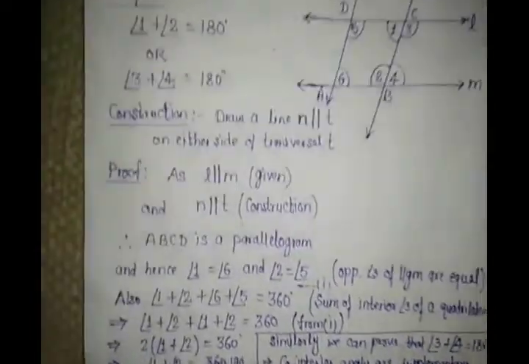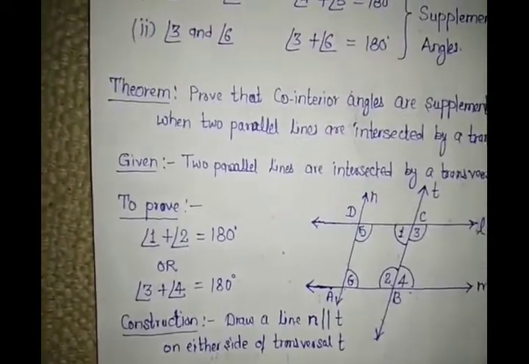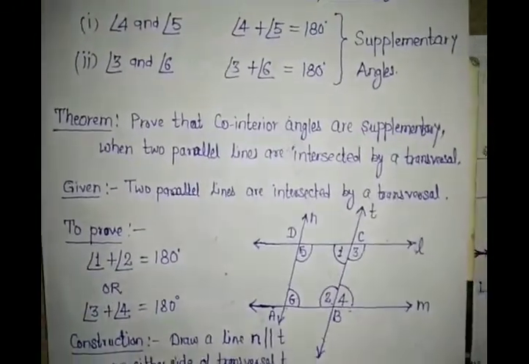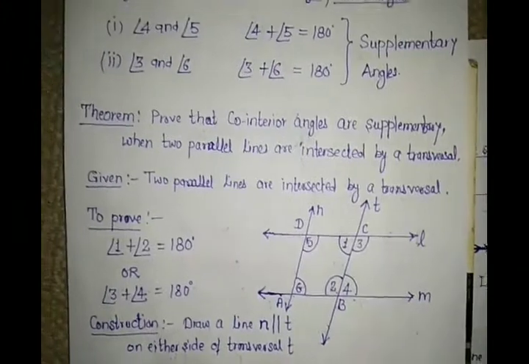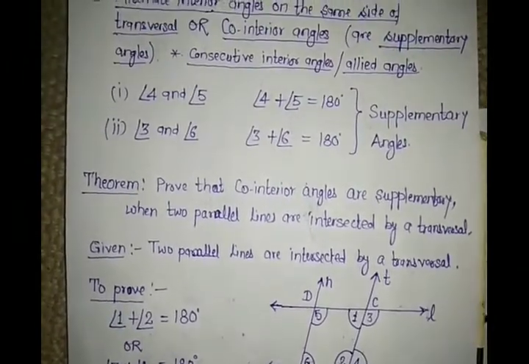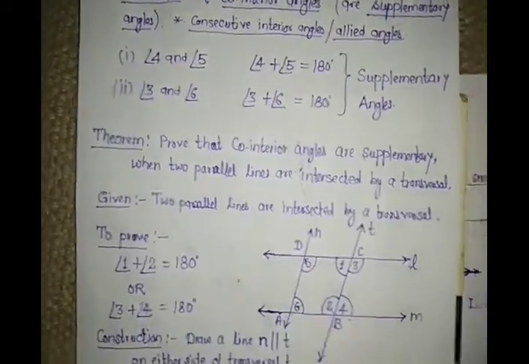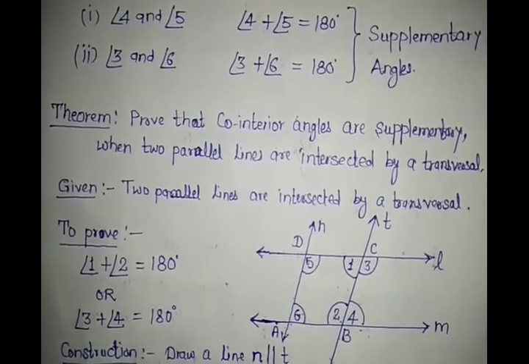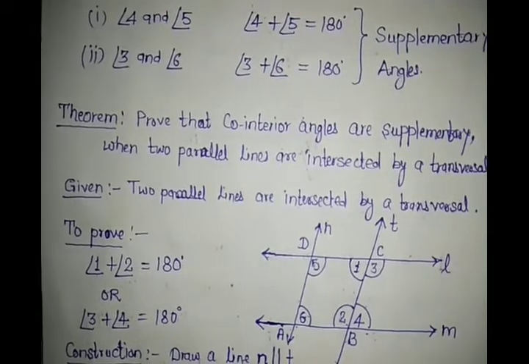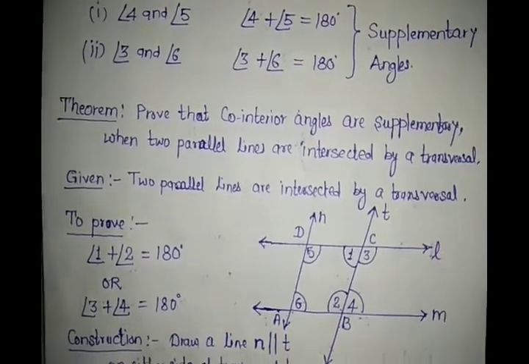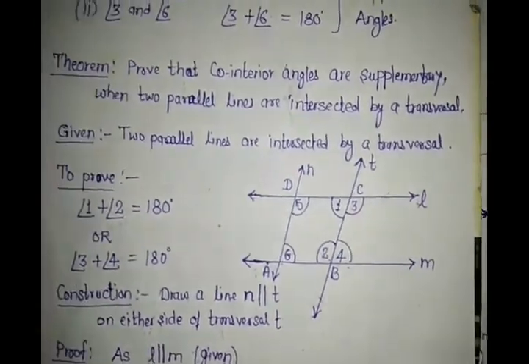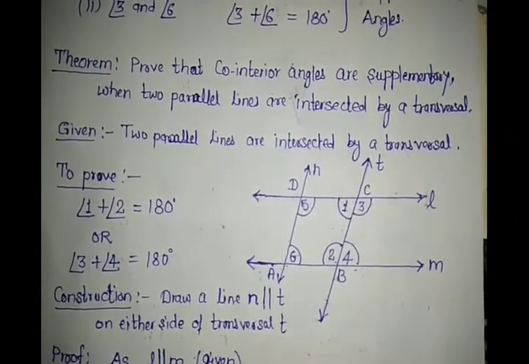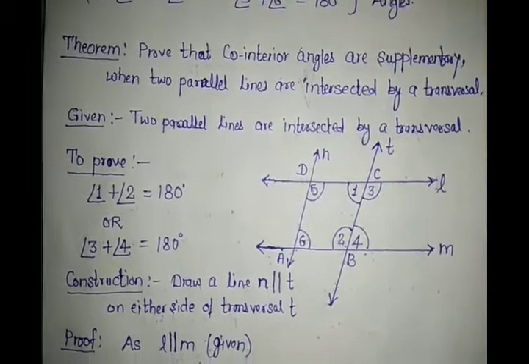So we have studied today the topic when two parallel lines are intersected by a transversal, and the theorem generated by this property: when two parallel lines are intersected by a transversal, the co-interior angles so formed are always supplementary.